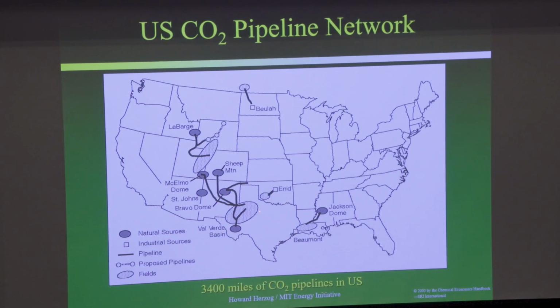Some of the sources of the pipeline, this is a cement plant here, and Labarge is, that's not a cement plant, that's an ammonia plant. Labarge is a natural gas cleanup operation. This is Beulah here, a coal gasification plant. So there's various sources going on there where this pipeline network has developed mainly to support the enhanced oil operation.